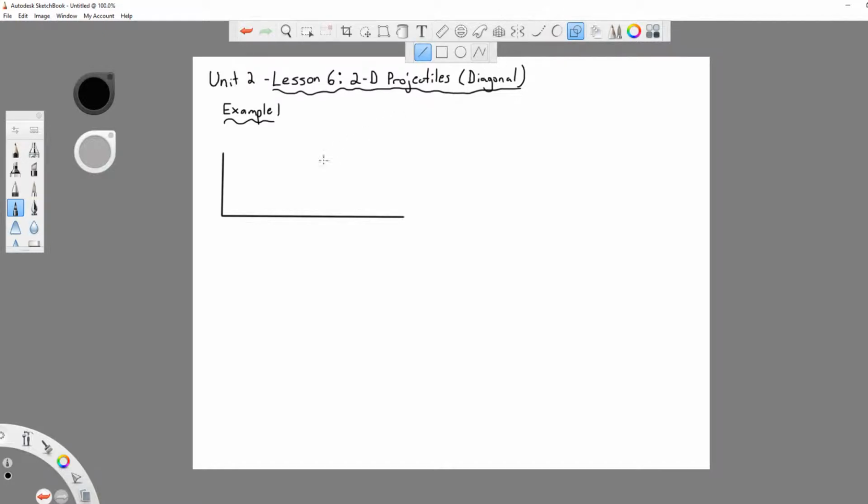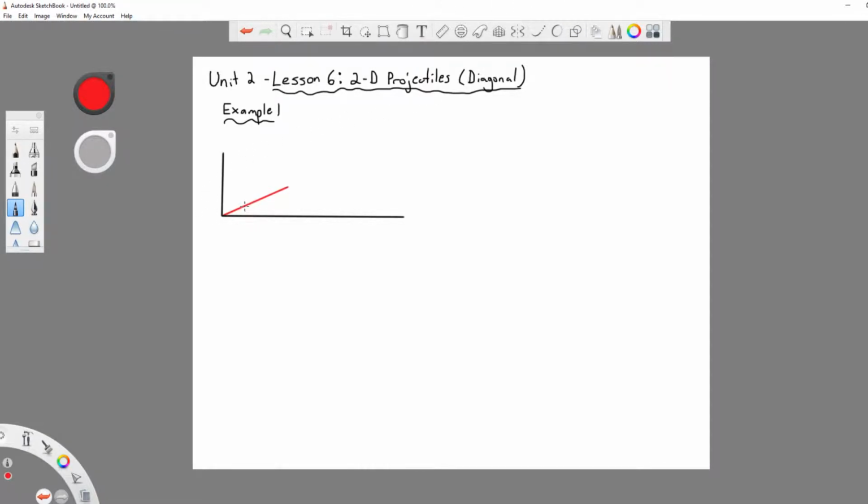And we'll add in the projectile of the ball. So the ball says it's going 23 degrees above the horizontal. So horizontal going above, something like this. Okay, I'm not going to make it quite as long. All right, and that's a little bit more than 23 probably, but it'll give me a little bit of space to draw.